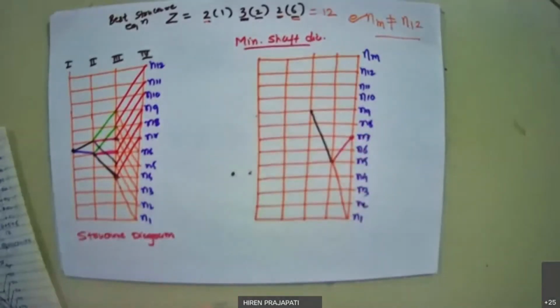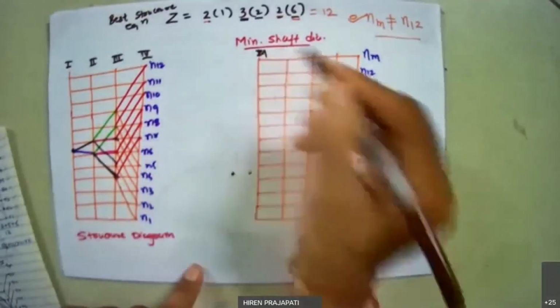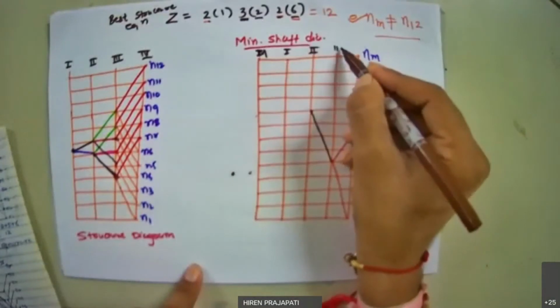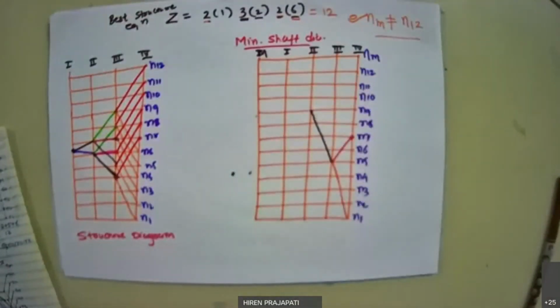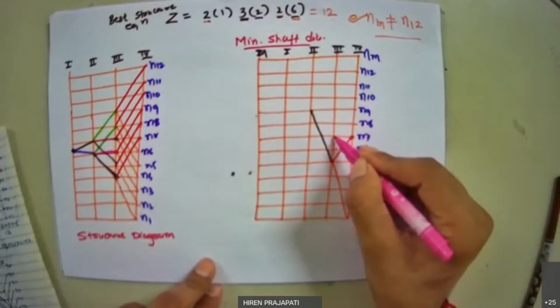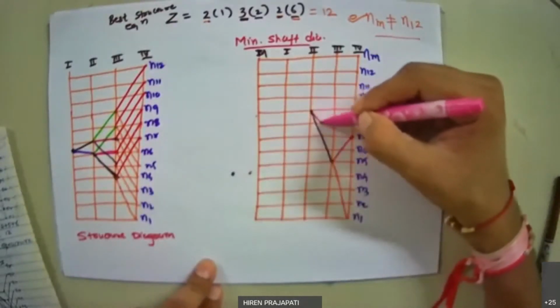Let me give the shaft numbers again. This is motor shaft M. This is 1, 2, 3, and 4, right? So on shaft 2, N7, on shaft 3, N7, to achieve N7 we need to again connect with N9.